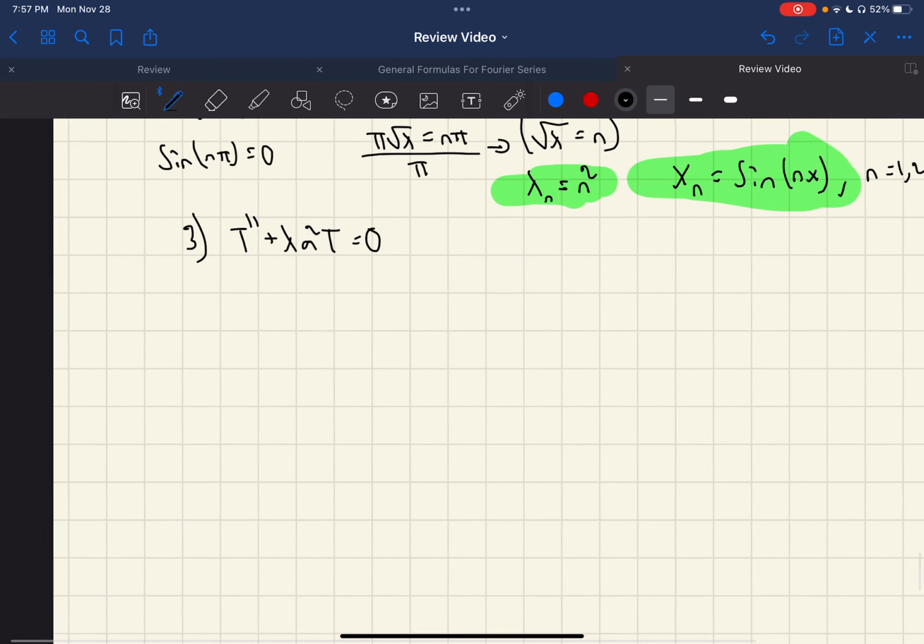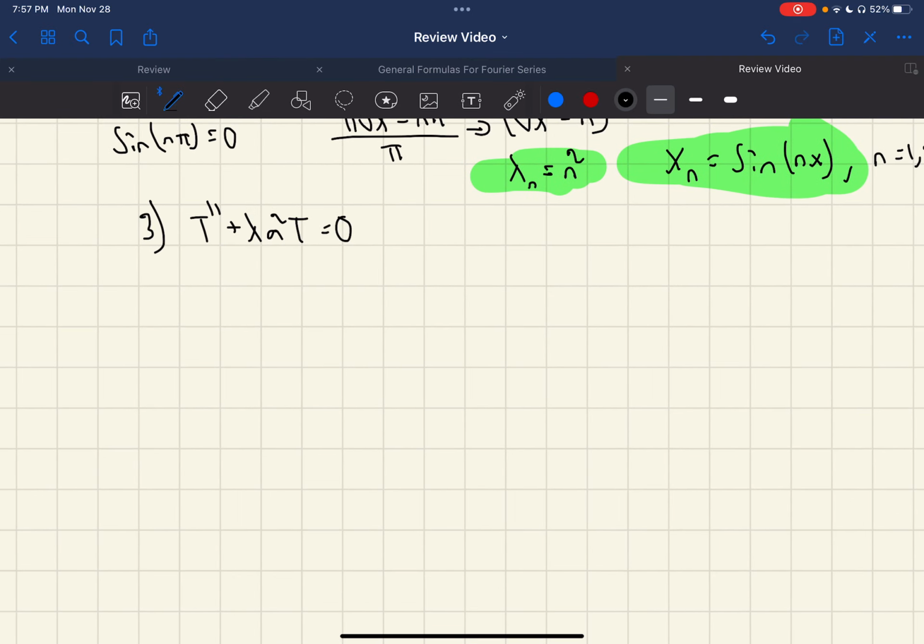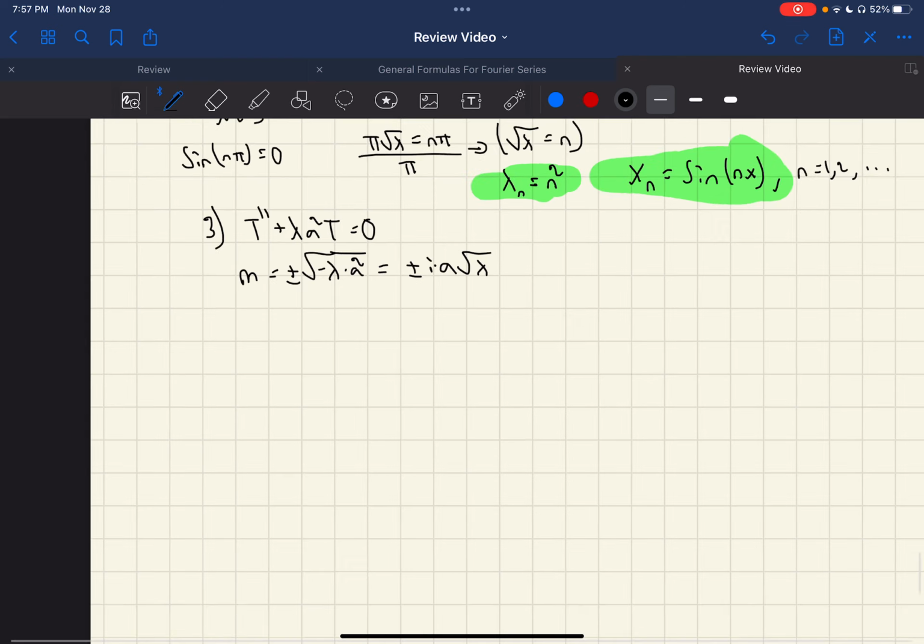So we can basically treat it as a case 3 eigenvalue question, where m is plus or minus square root of negative lambda a squared, which just becomes plus or minus i a square root lambda.